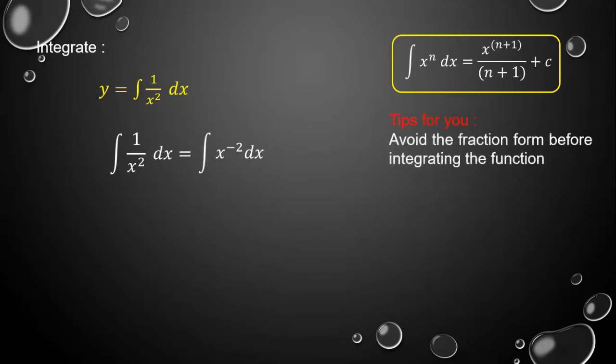Students, I give tip 1 for you. Avoid the fraction form before integrating the function. Once again, avoid the fraction form before integrating the function. Means change all the position of the function to be numerator. So you have to avoid the fraction form.